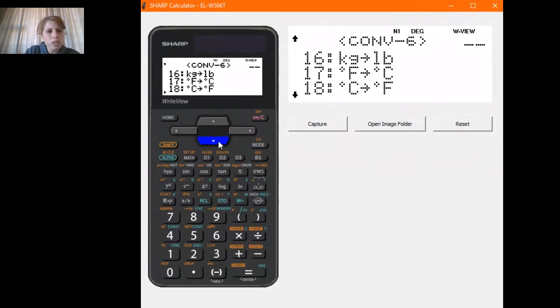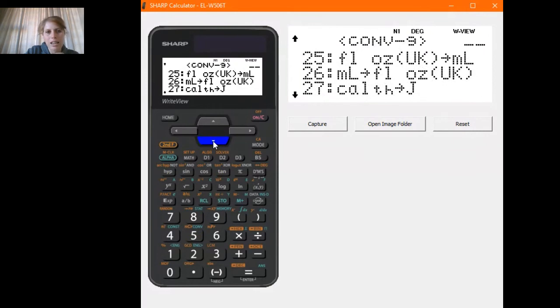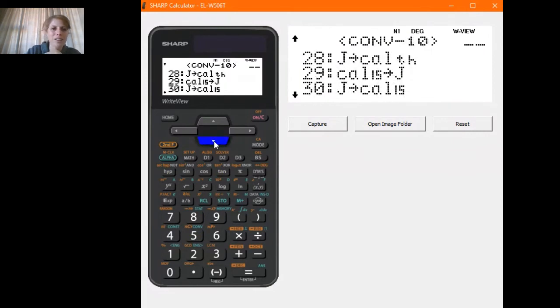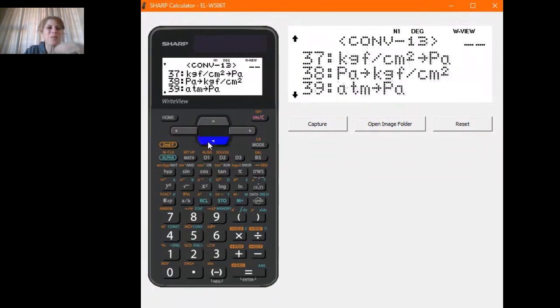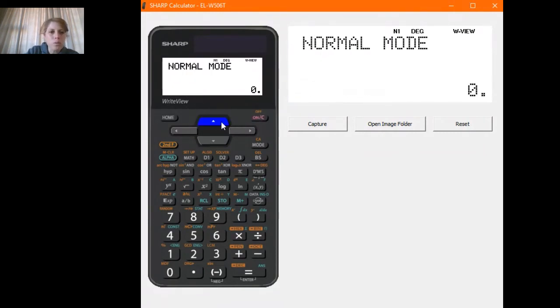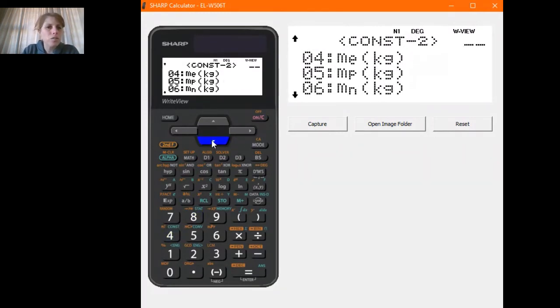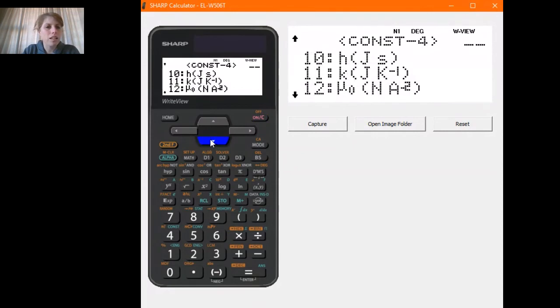After this one, where we talk about gallons and meters, there's all sorts of other fun ones to use. We probably wouldn't use the first batch. So you've got 44 different options. What's also really nice is you have constants. When we're talking about technical science here, you've got all of these constants on the calculator for you.